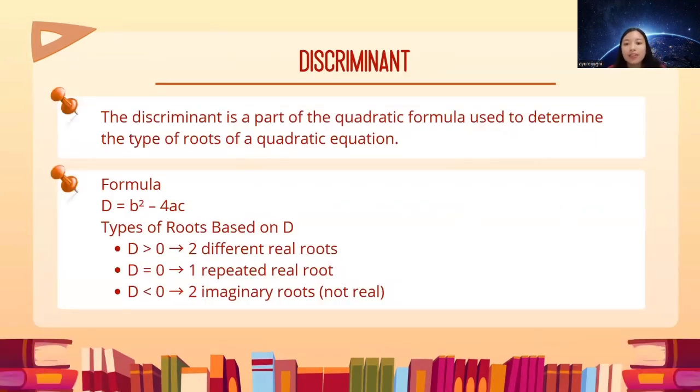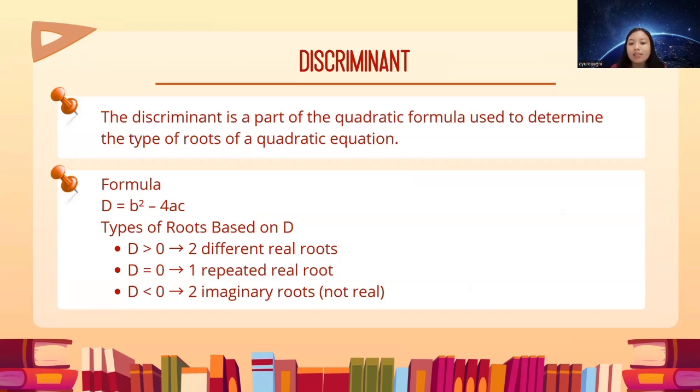Next, we will learn about the discriminant. The discriminant is used to determine the type of root in the quadratic equation. The formula is D equals b squared minus 4ac.